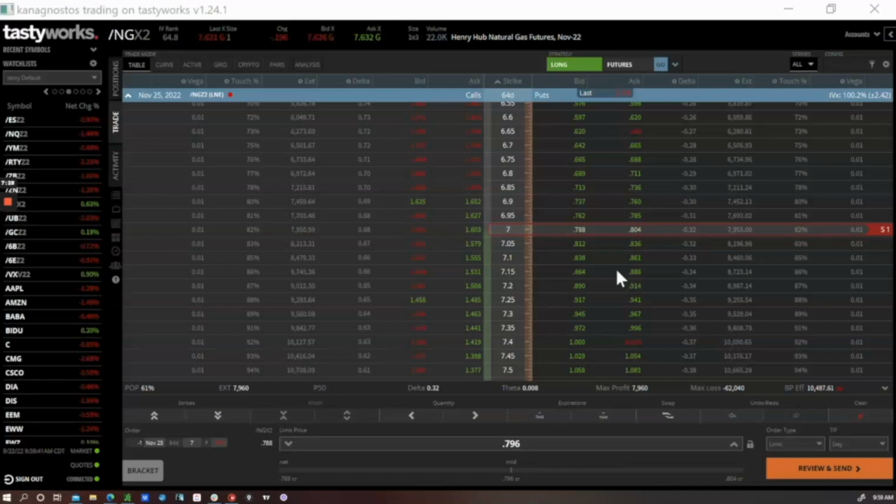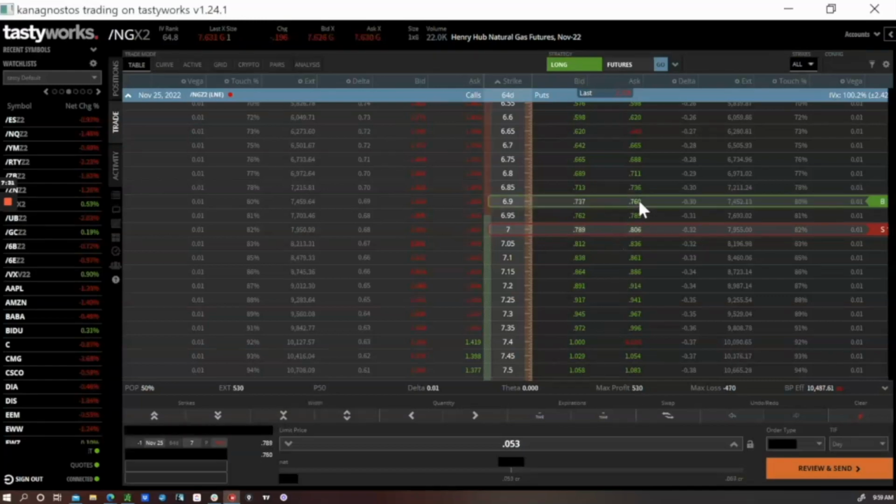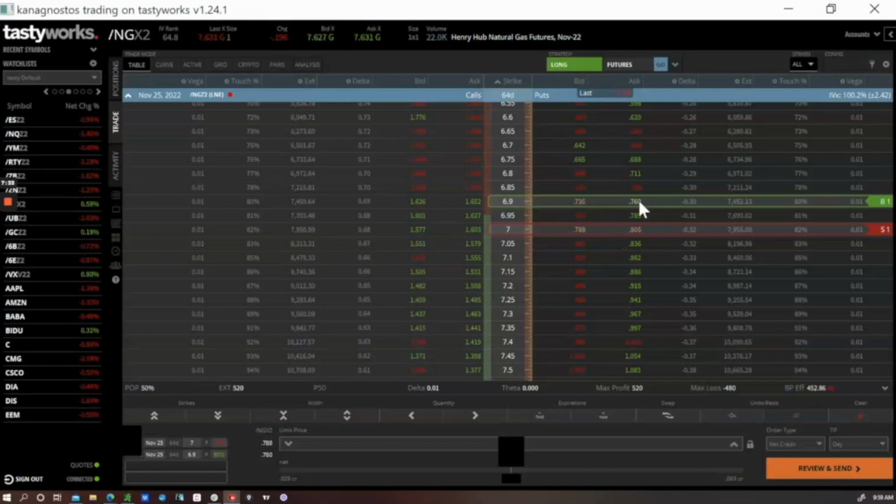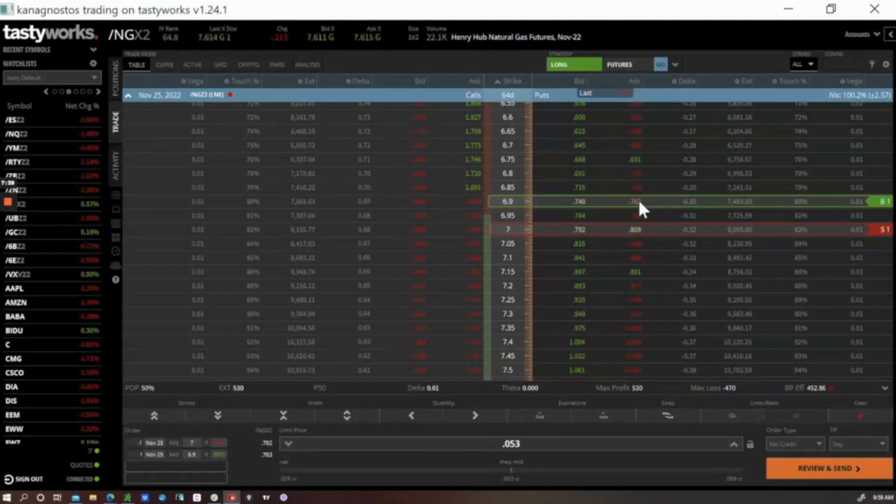For demonstration purposes, I'll buy the 6.9 strike to define the risk. That's a 10-cent wide spread. But remember that the notional is $10,000, so that means that a 10-cent wide spread is actually worth $1,000. So the credit collected here is 0.052, that's $520.